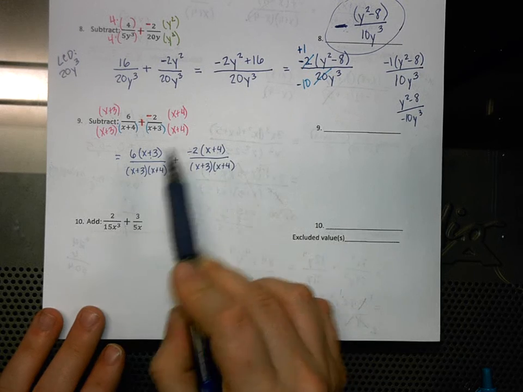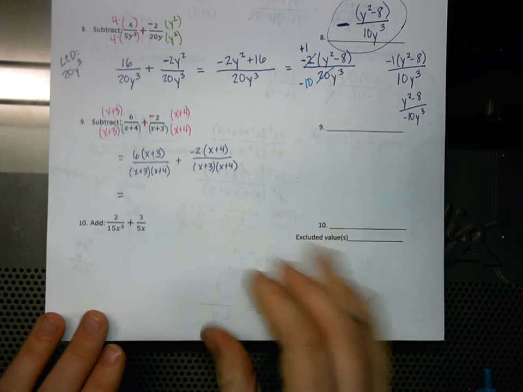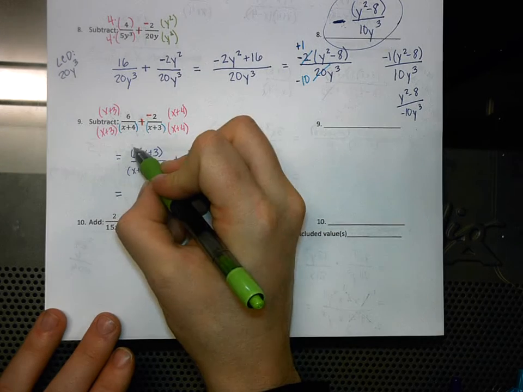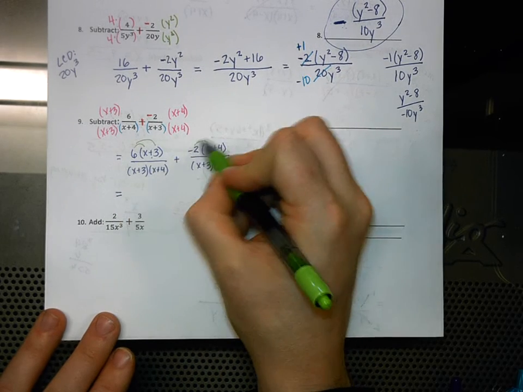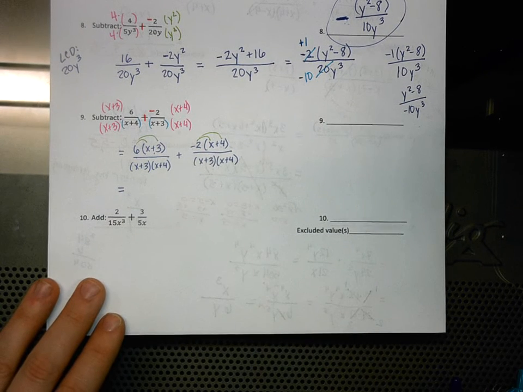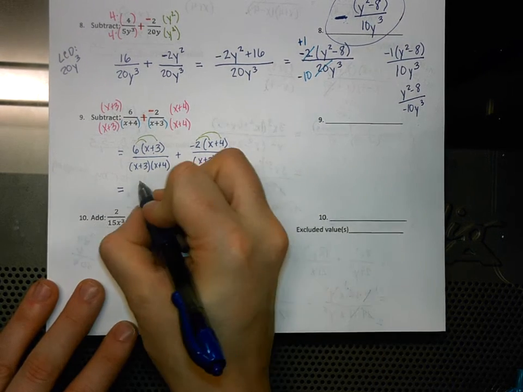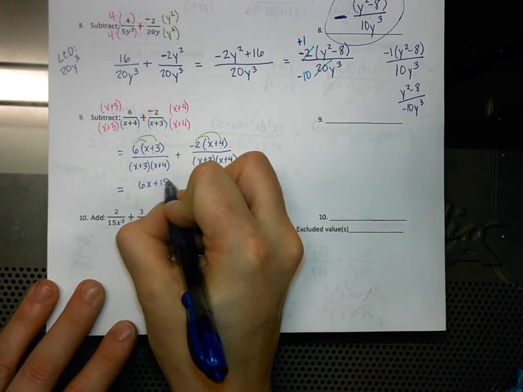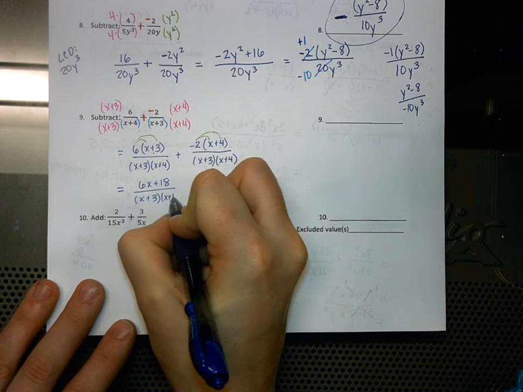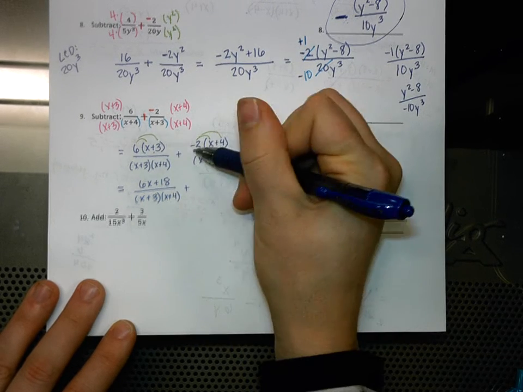So instead of adding them right away, let's go ahead and distribute these so then I do have some like terms. What is 6 times x plus 3? 6x plus 18. Good. What's negative 2 times x plus 4?